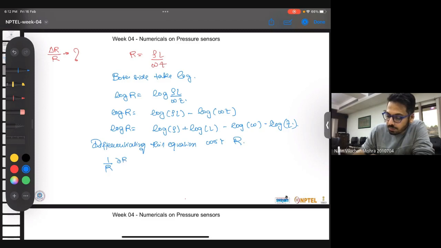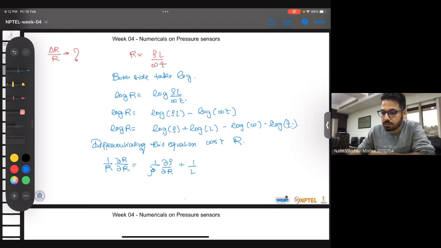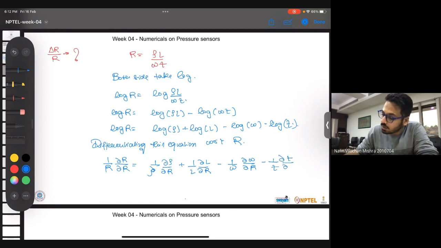It is 1 by R dou R by dou R. We can write it like this: 1 by rho dou rho by dou R plus 1 by L dou L by dou R minus 1 by W dou W by dou R minus 1 by T dou T by dou R. We can cancel this dou R. So finally we'll have dou R by R equal to dou rho by rho plus dou L by L minus dou W by W minus dou T by T.